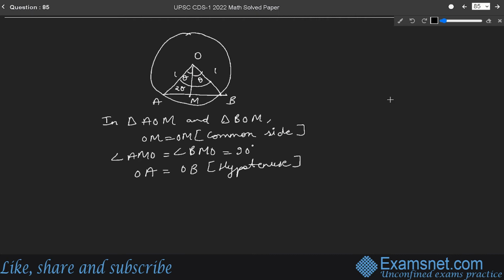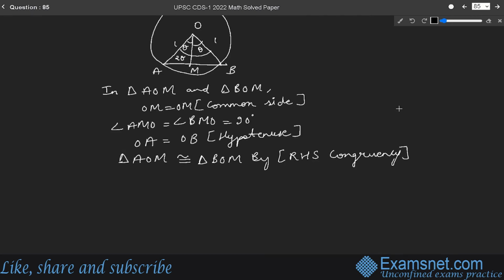So we can say that triangle AOM is congruent to triangle BOM by RHS rule of congruency. Now, since they are congruent, it means that their angles are also equal. So, angle AOM is equal to angle BOM is equal to 2 theta upon 2, which is theta.